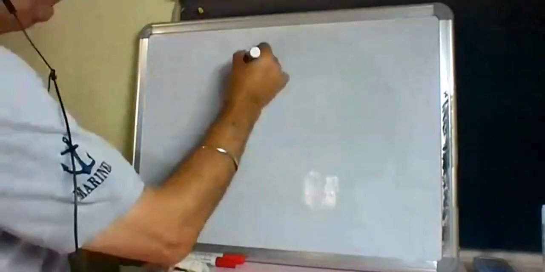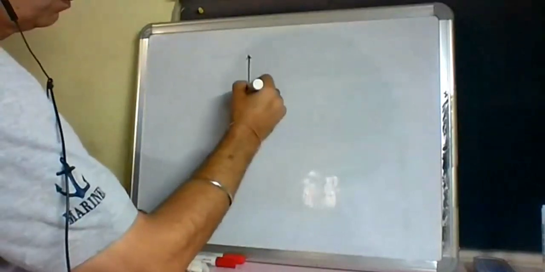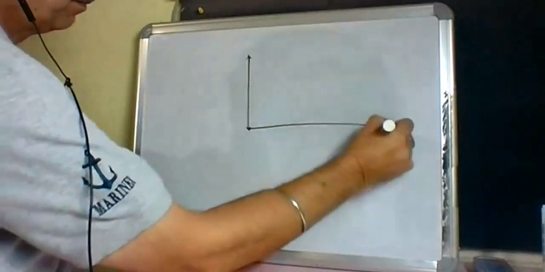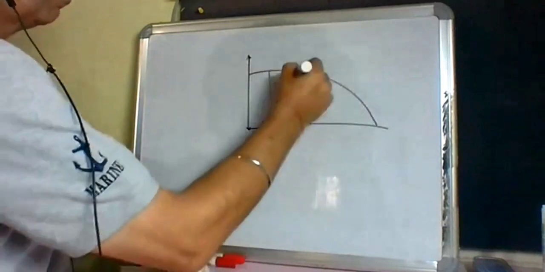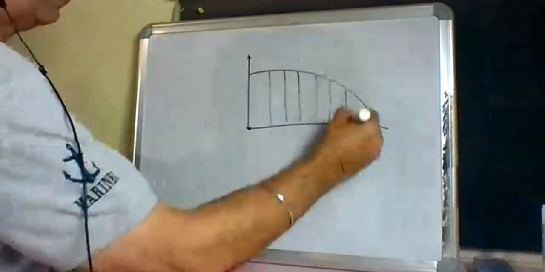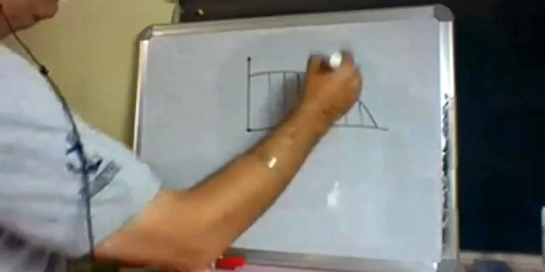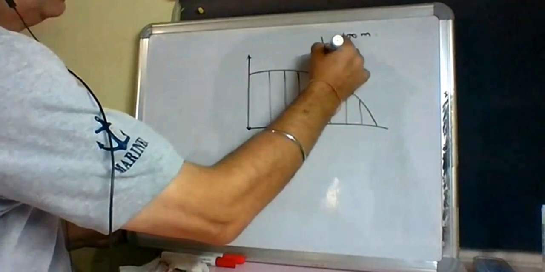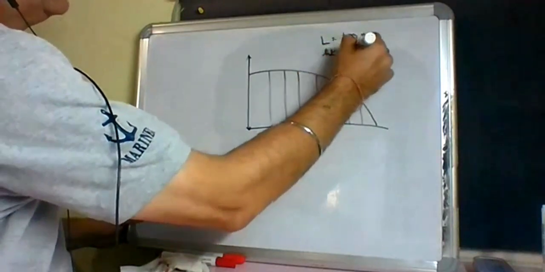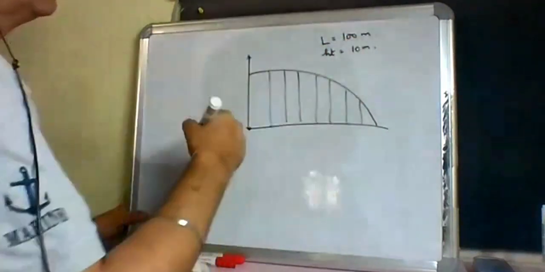In a fish diagram or a half fish diagram, supposing I give you length is 100 meters and height is 10 meters.